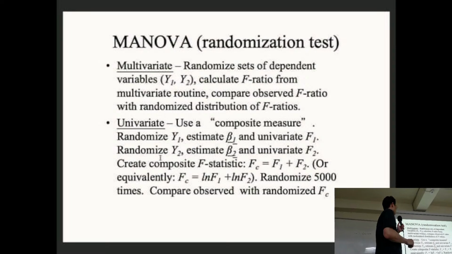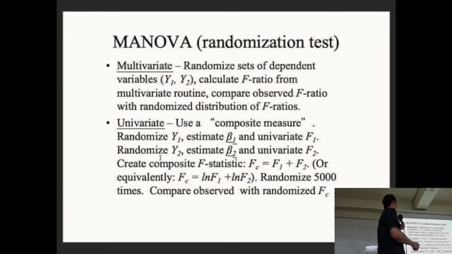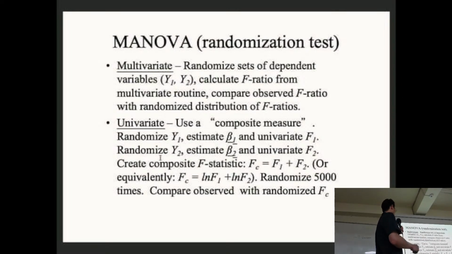So you randomize y1 and estimate the beta1 and F1, or y2 you estimate F2, and then you calculate the composite, sum them, or take a log and sum them, which is somewhat equivalent, and you randomize. Either way, you need to randomize, but you can do it all at once, or you can do it separately with two univariate. But as I said, this one is recommended.